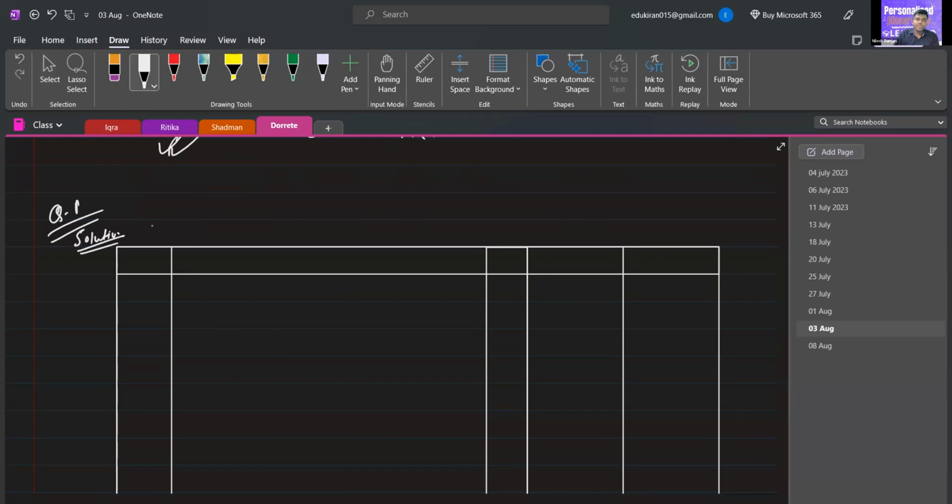So the first transaction is written in the heading. First of all, the heading: journal entry in the books of, the name of the person is Mohit. Okay, sir. Journal entry. First, we have to write.